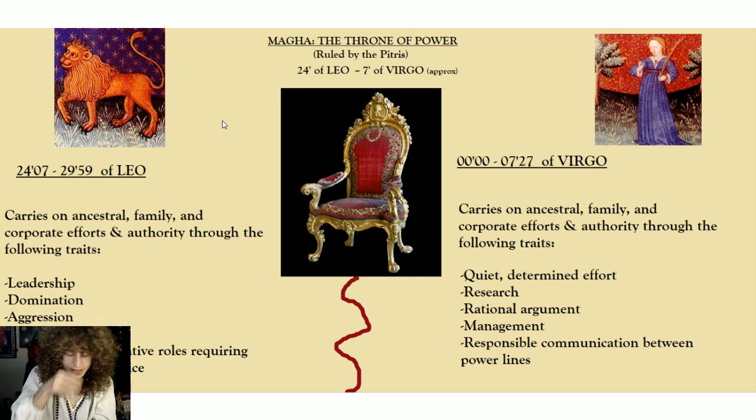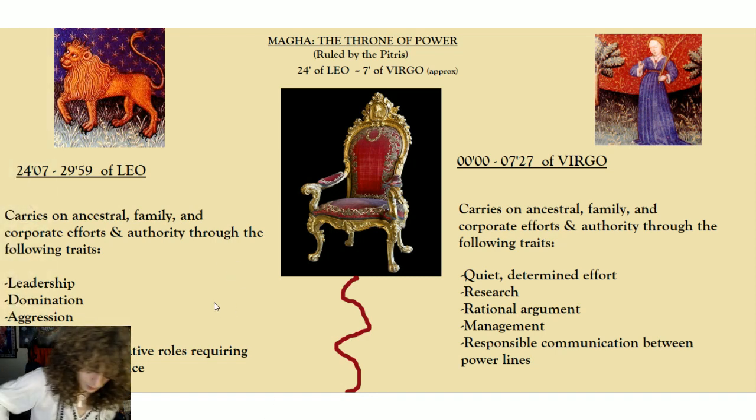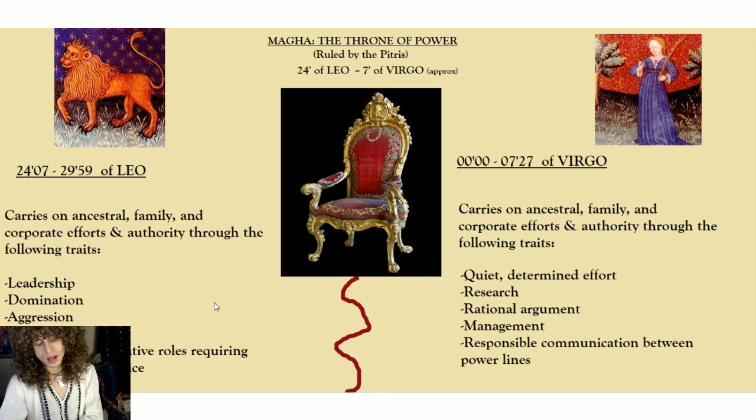Now, this planet in 27 degrees of Leo carries on ancestral, family, and corporate efforts and authority through the traits of Leo. Whereas a planet at 1 degree of Virgo might be more reserved, more careful, more meticulous, more calculated in doing those things that relate to Magha.